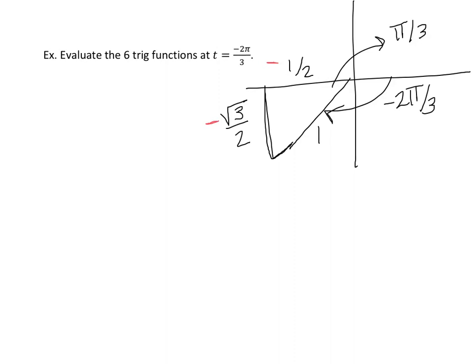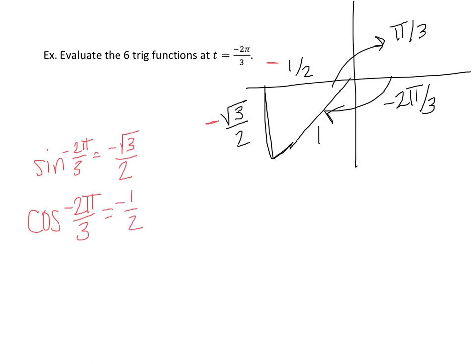So now I go to find my functions. Sine of negative 2 pi over 3 equals opposite, negative radical 3 over 2, over hypotenuse, which is 1, so we don't need to worry about that. Cosine of negative 2 pi over 3 is adjacent over hypotenuse, so negative 1/2.